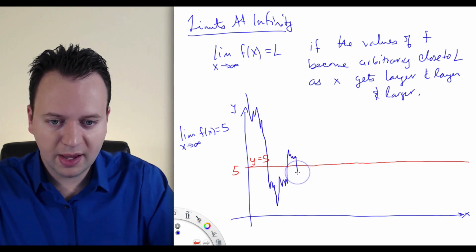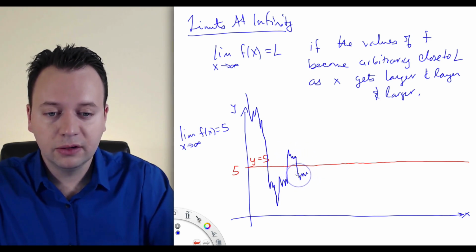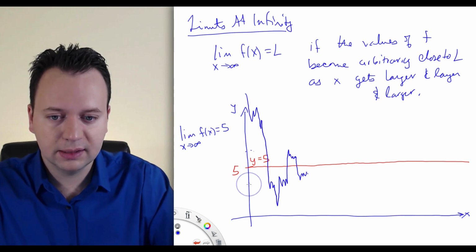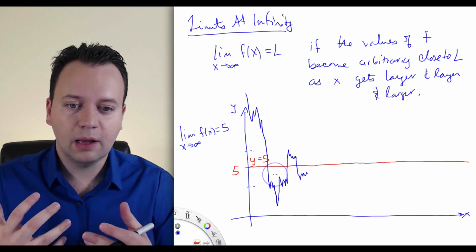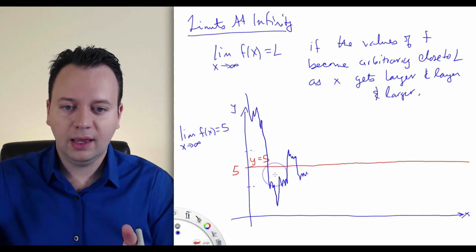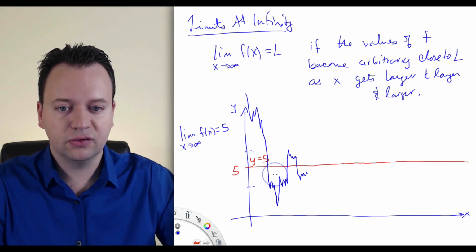But then once we pass a certain point, we're within a certain vertical distance to 5, and for any vertical distance like this, far away from y equal to 5, there's always some point such that once you reach a certain x value, you'll never leave that distance from y equal to 5.